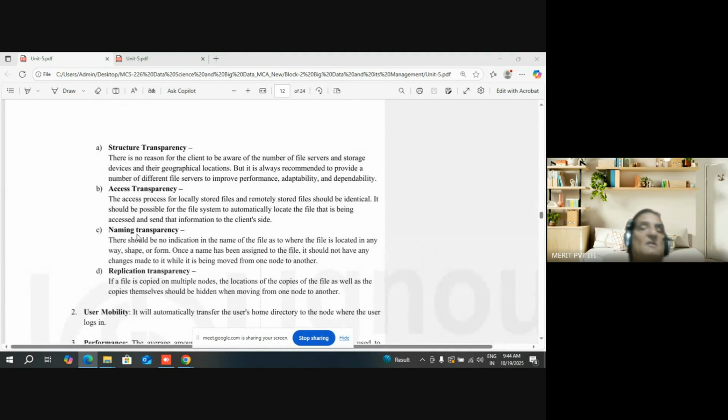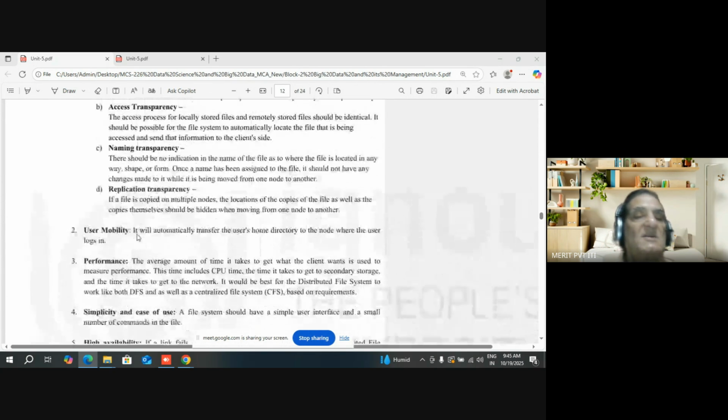So, what is structure transparency? There is no reason for the client to be aware of the number of file servers, storage devices, and geographical locations, but it is always recommended to provide a number of different file servers to improve performance, adaptability, and dependability. Access transparency: the access process for locally stored files and remotely stored files should be identical.